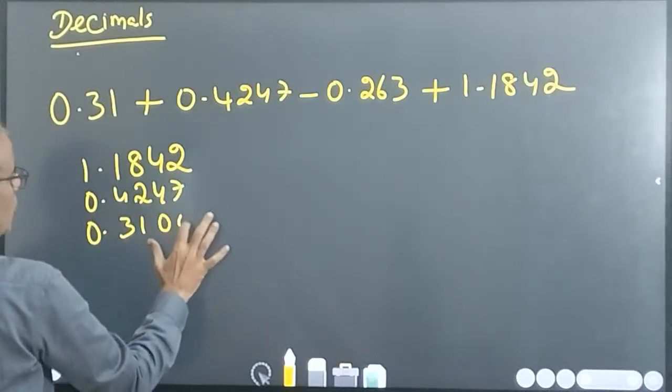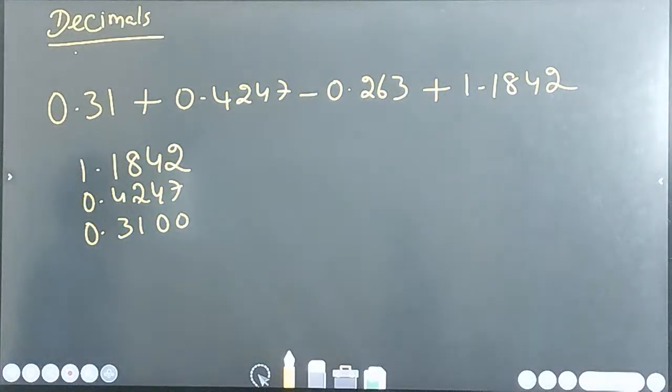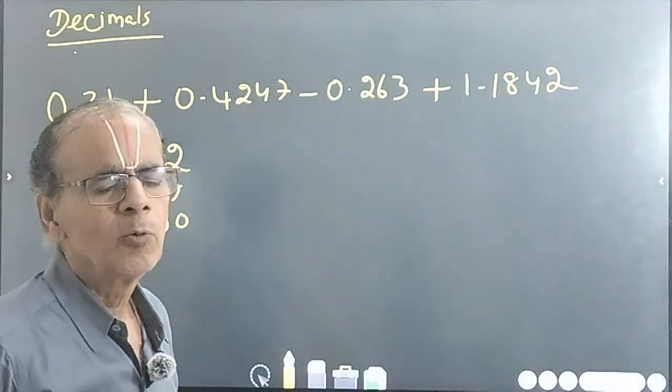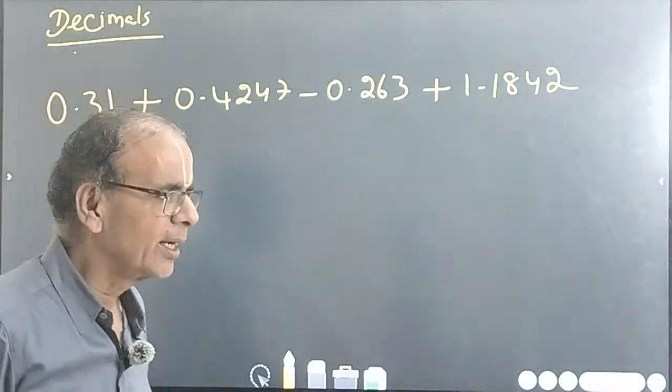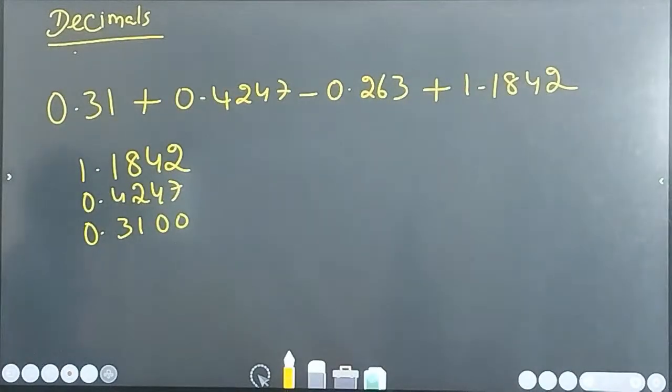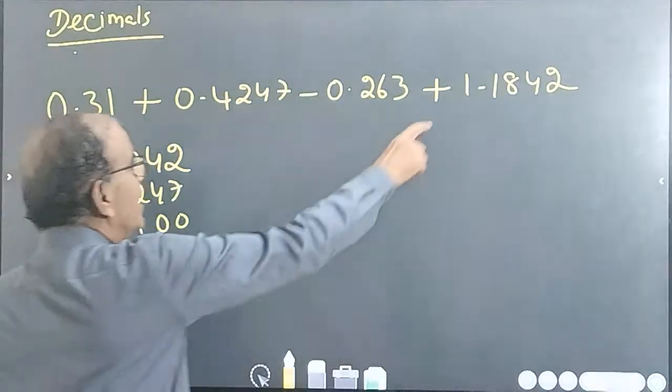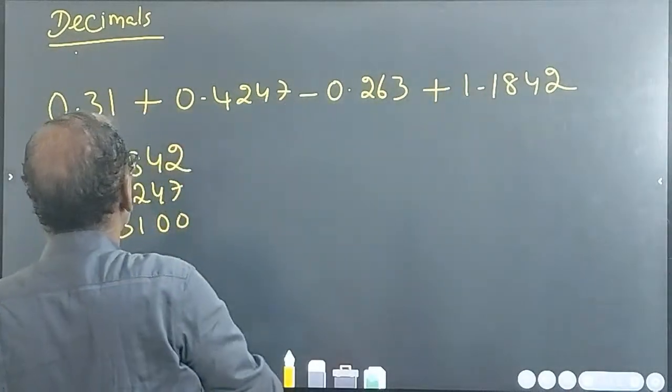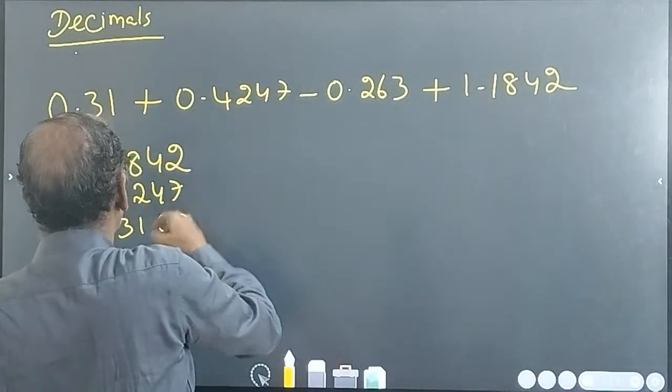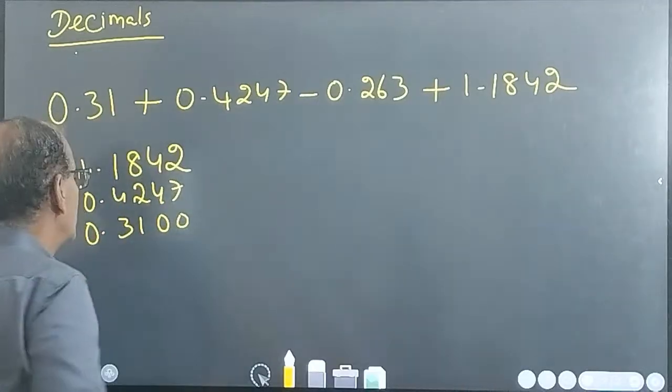You add 2 zeros to the right side. Whenever you add zeros to the right side of decimals, the value will not be affected. So I am taking 1.1842, 0.4247 and 0.31. I want to do it without any error.